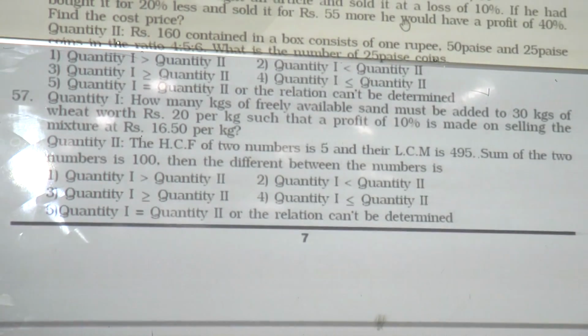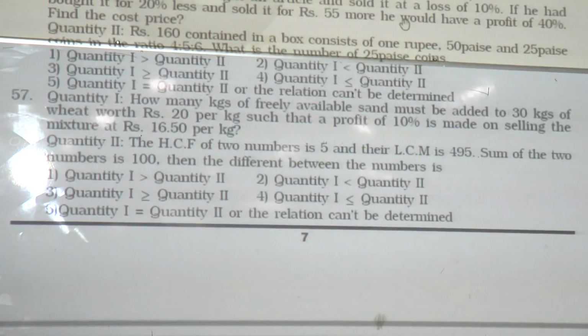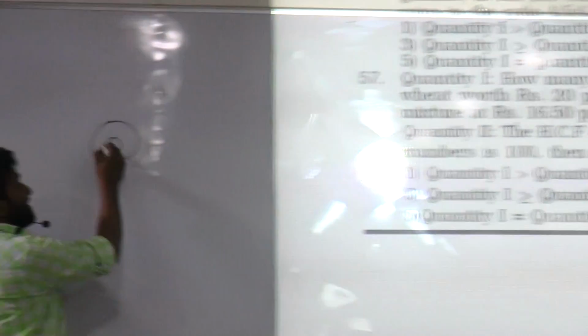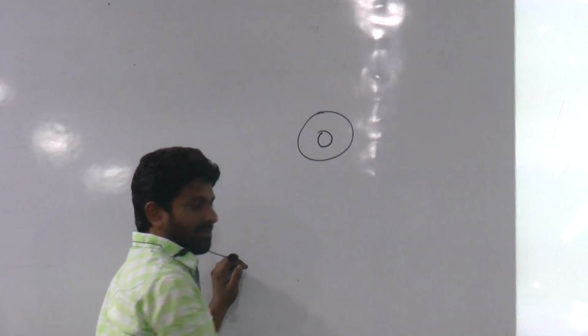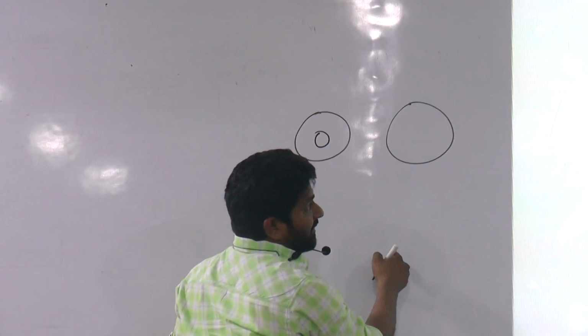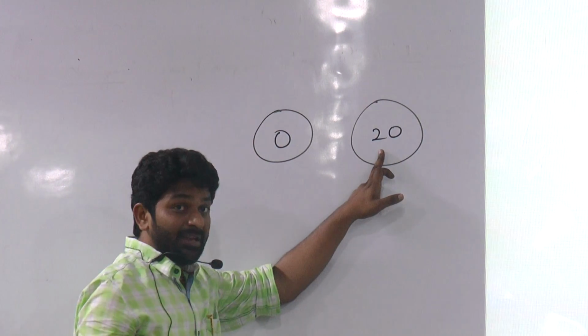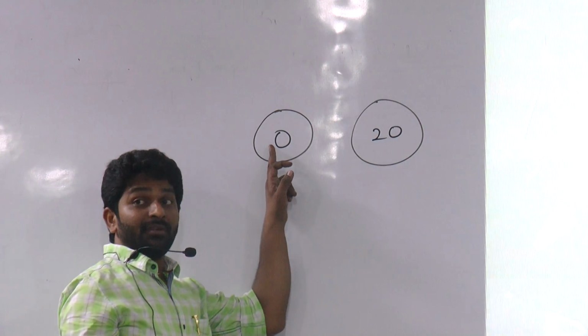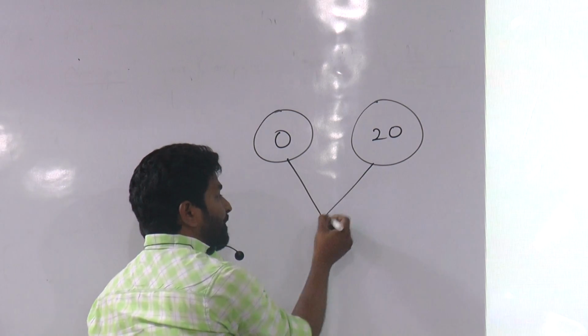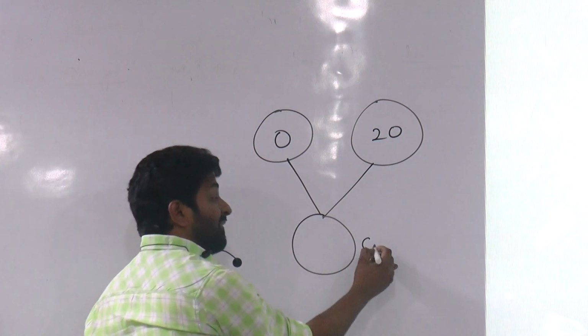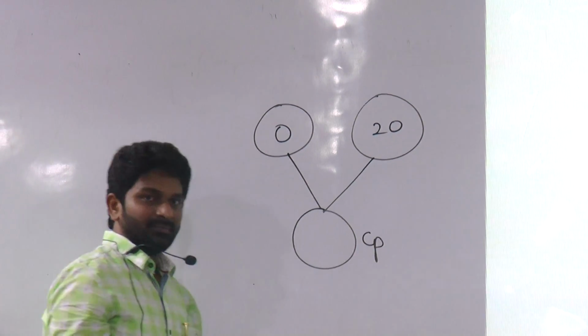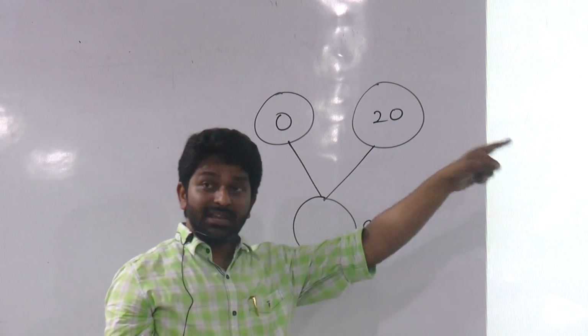So you have one quantity, this is sand, whose worth is 0 rupees, free of cost, and the next you are adding wheat of 20 rupees per kg. This is cost price of wheat, this is cost price of sand. When you mix it, you should get mixture cost price, but 16.5 is selling price.